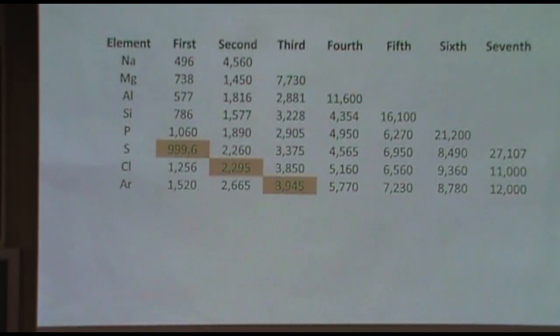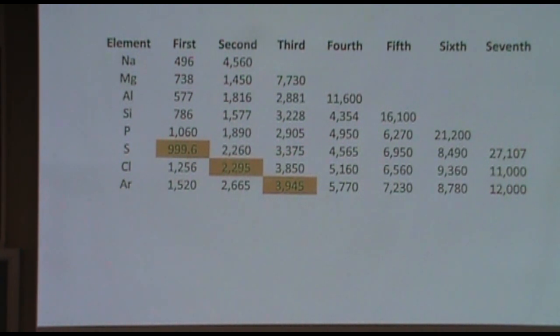Okay. See those highlighted in brown numbers? These are different elements. Their ionization energies, the first, the second ionization. The first one removes 1 electron from the neutral, the second removes 2 electrons from the neutral, etc. Look at the ones that are highlighted. Especially sulfur is an easy one to look at. That 999.6. Do you see how it's smaller along the pattern? It's smaller than you would expect.